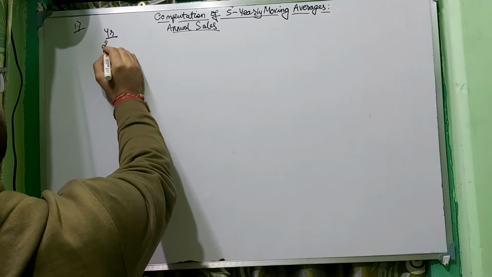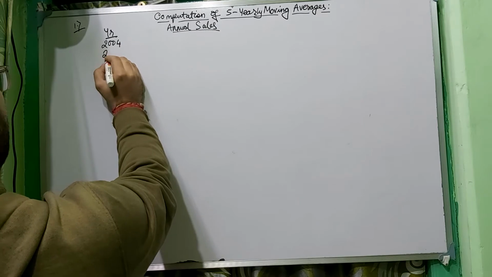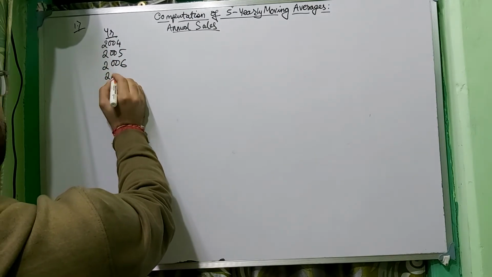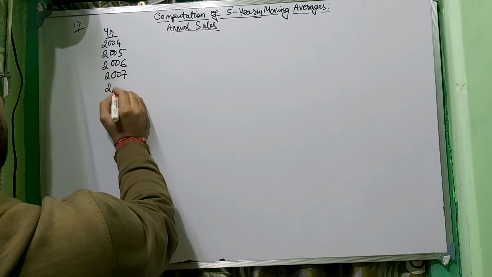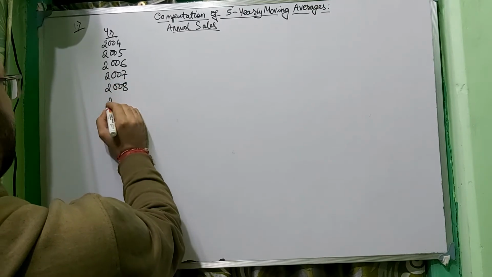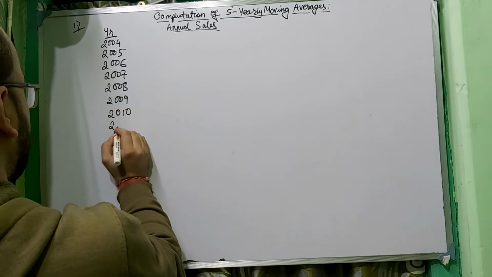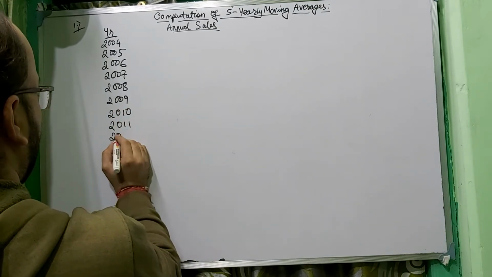First you write 2004, 2005, 2006, 2007, 2008, 2009, 2010, 2011, 2012.